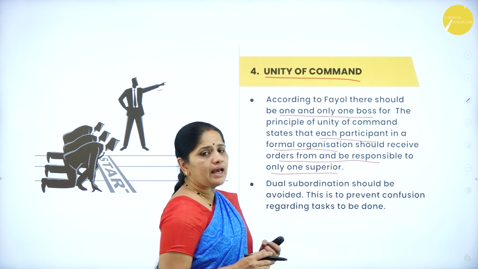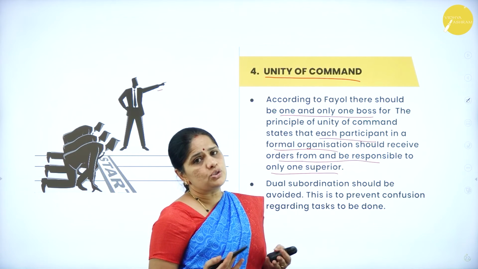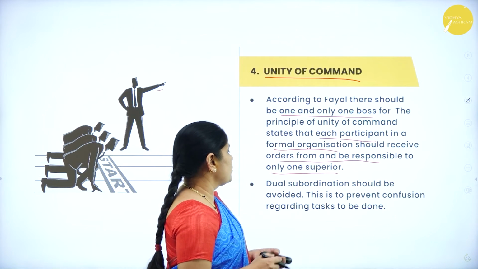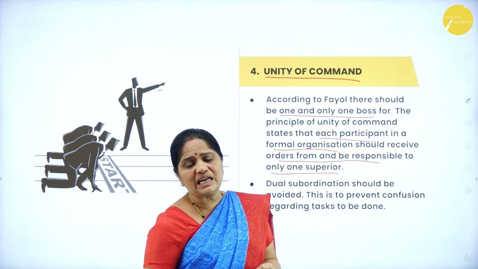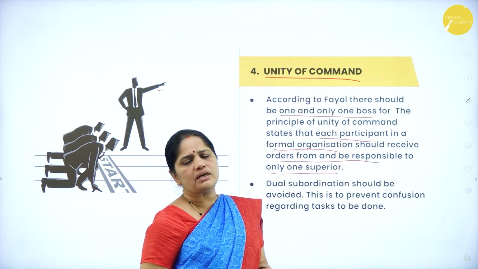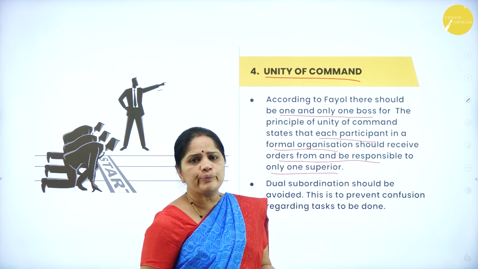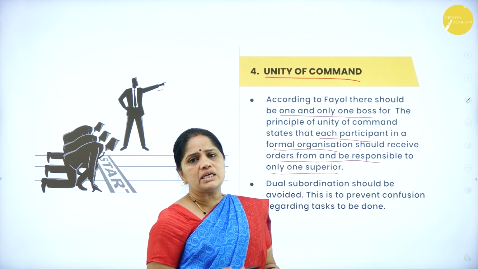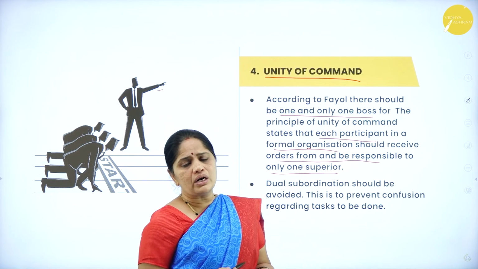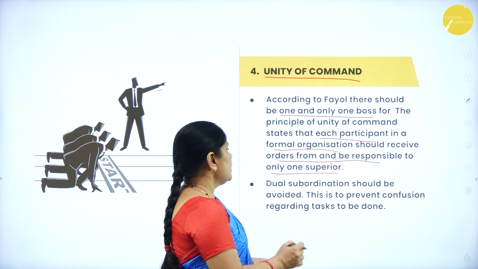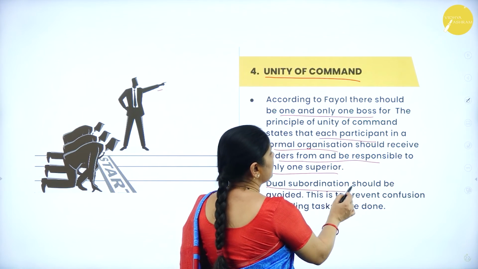Now what will happen if there are two or more superiors? If there are two or more superiors, then it will create chaos and confusion. The workers will not know whom to listen to, whose orders they should follow or whose orders they should not follow. So dual subordination should be avoided.